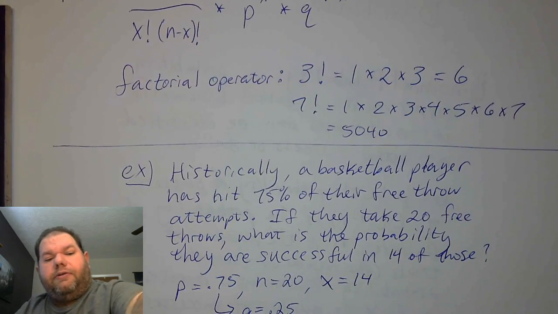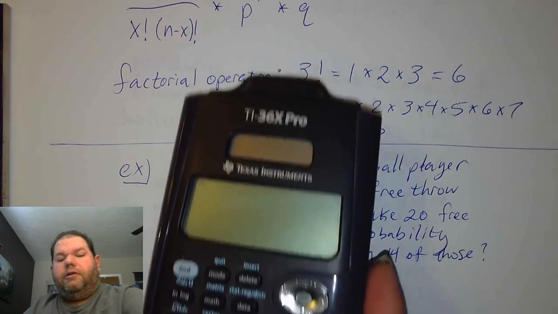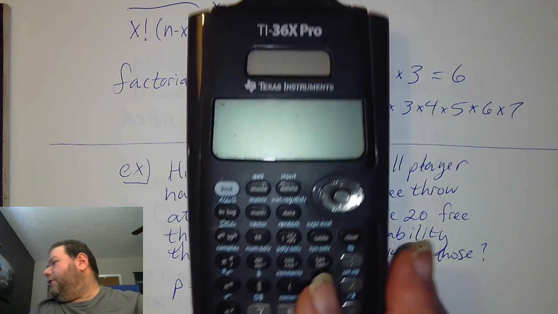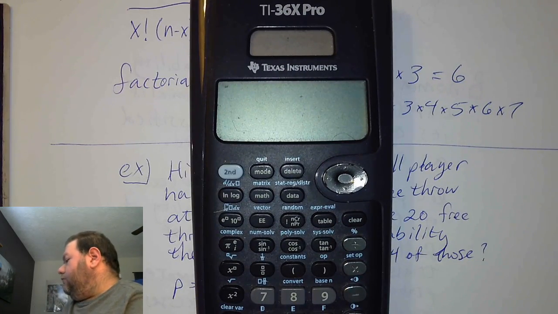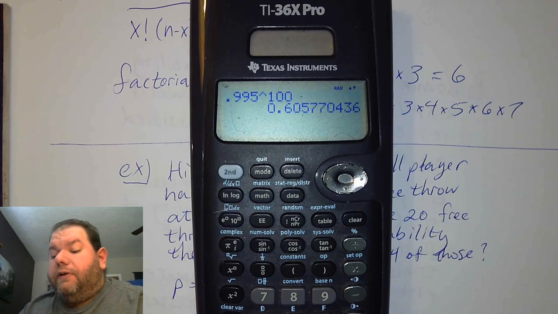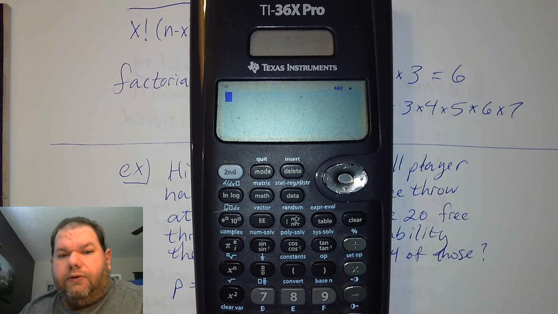So, let's look at the other calculator, the 36x. Now the 36x is closer to what you'll see on the 84s if you have an 84.